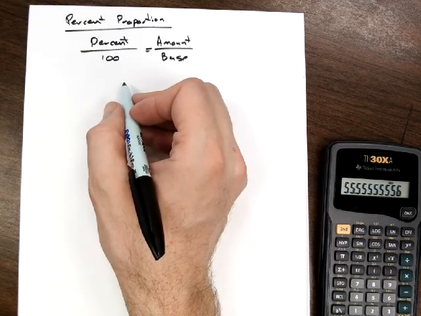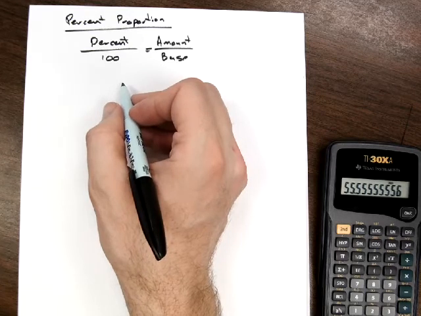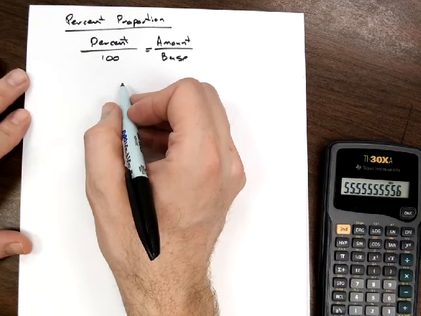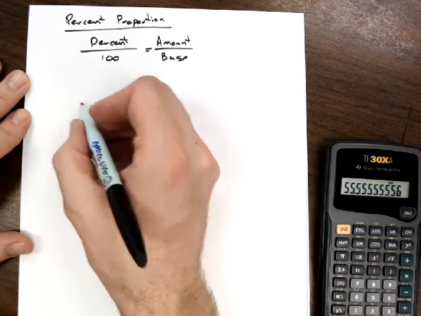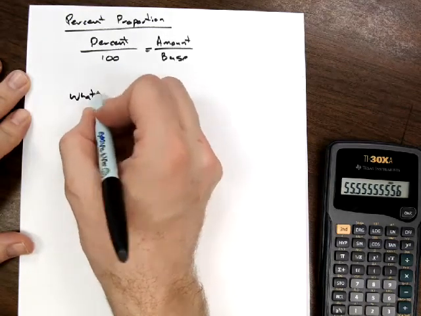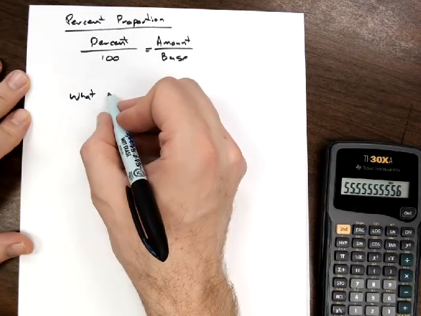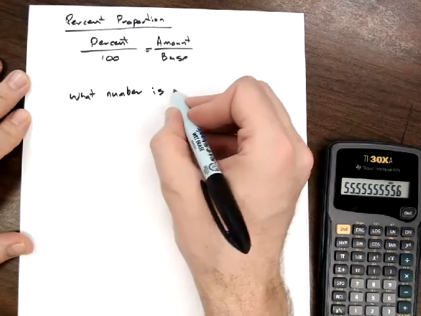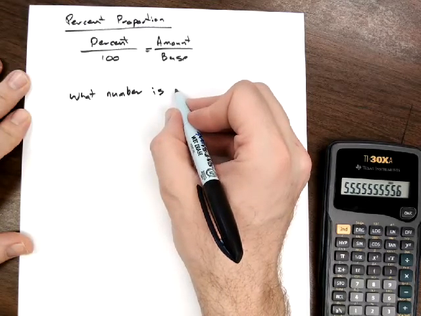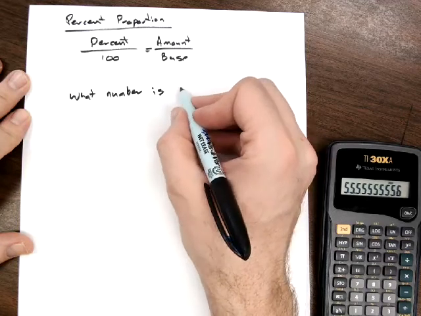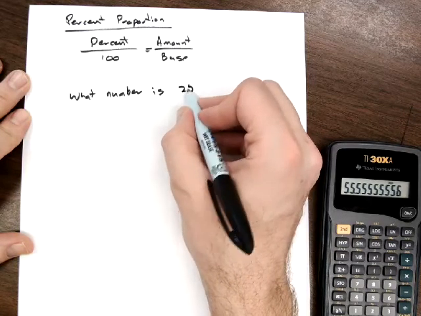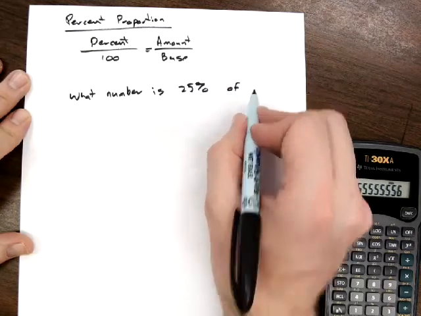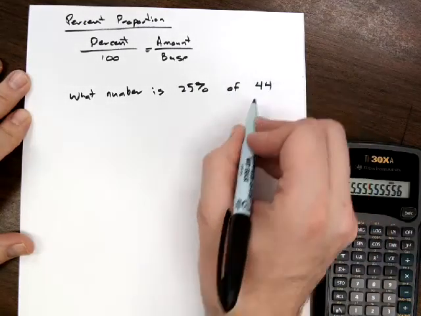So let's say we've got something like, how would I say, what number is 25% of 44?